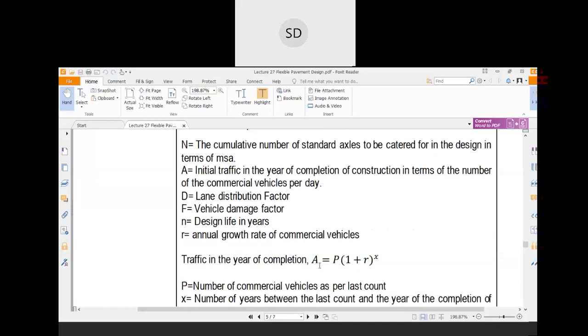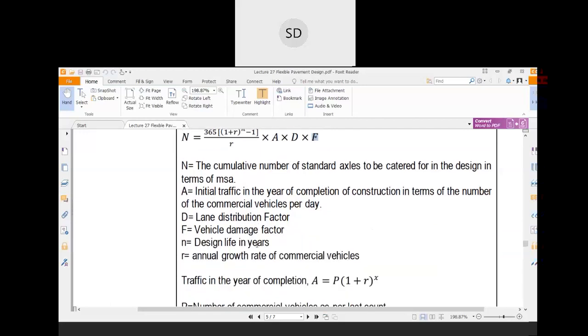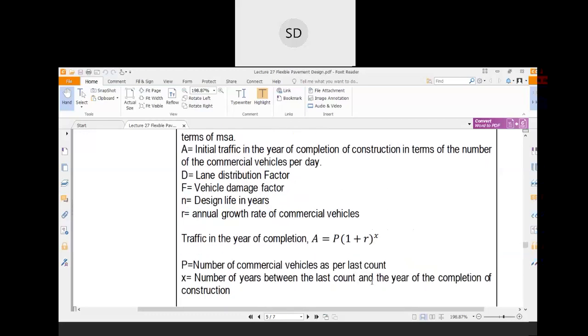Now, how do you calculate the traffic in the year of completion, that is A? Because the project will take time, suppose 2 years, 3 years, 5 years, or 10 years. So during the initial period, how will you know what the traffic would be after the completion of the project? In that case you need to find that traffic using the growth rate. Here P is the number of commercial vehicles as per the last count.